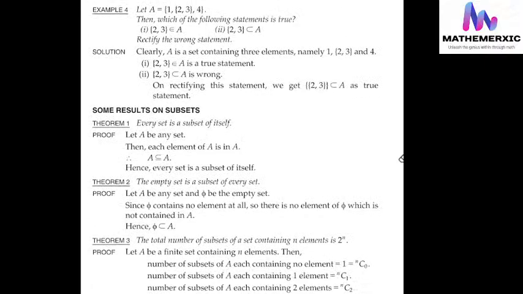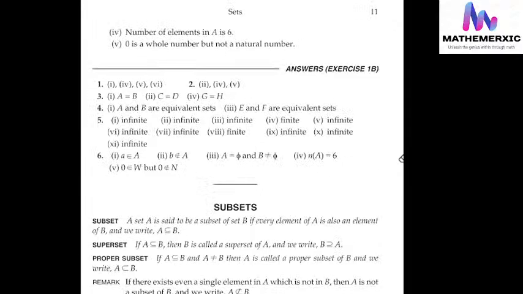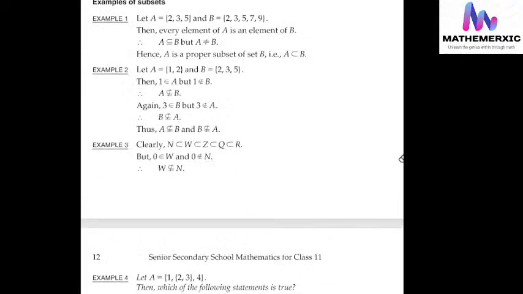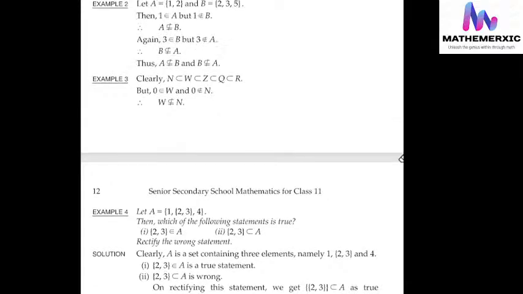So let us go back. Proper subset. We need to write it again in a set form. One more bracket we have to write every time. That is the learning we can have.